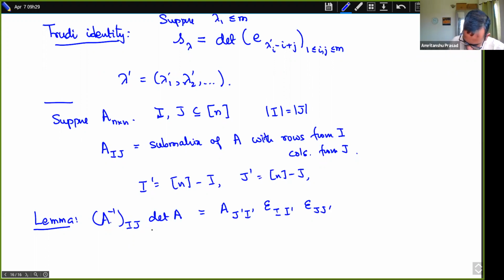So now if you have this I and J, you can define e_I. I is a subset of 1 to n, so I can be written as i1 less than i2 less than ... less than ik, let's say it has k elements, so you write it in strictly increasing order.